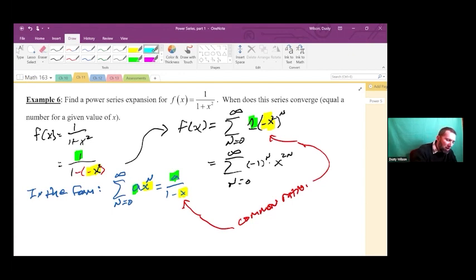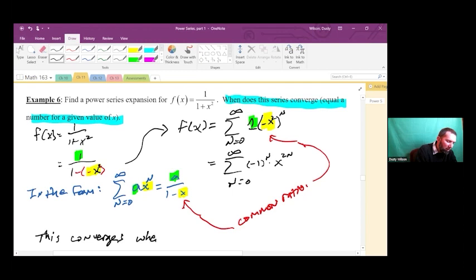The second part of the question asks, when does this converge, that is, equal a number for a given value of x? Well, since we use the geometric series, it's going to converge whenever the yellow stuff, the common ratio, is less than 1 in absolute value.